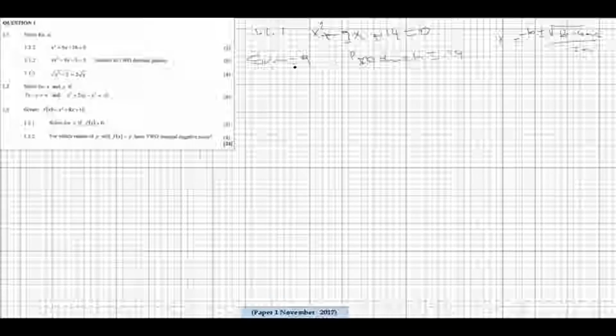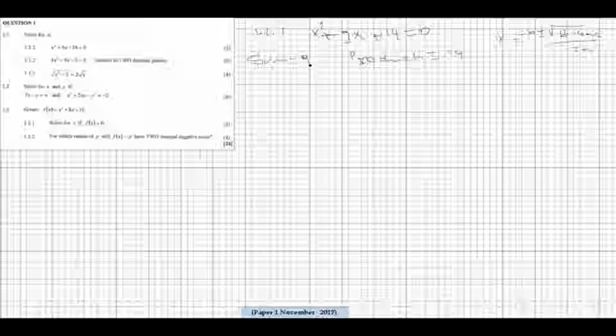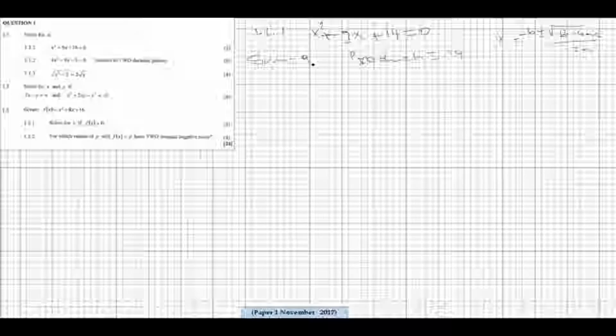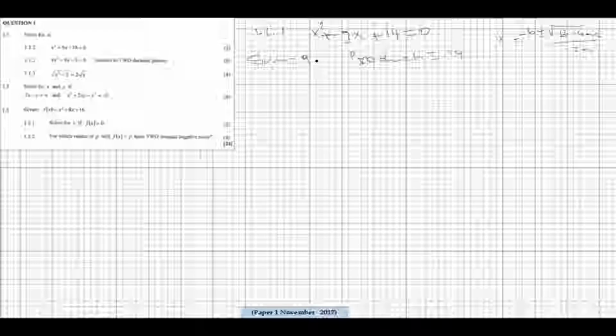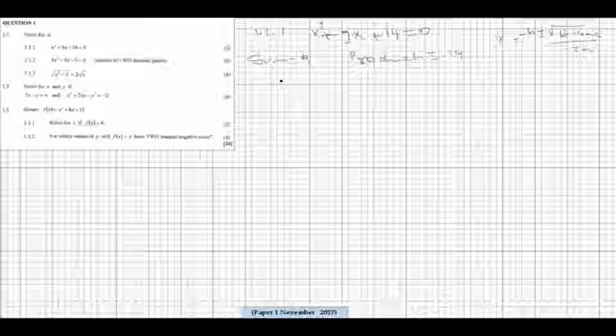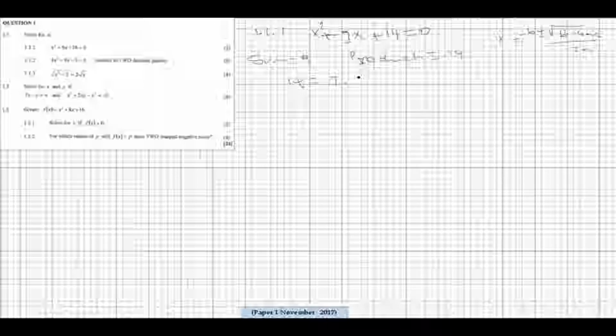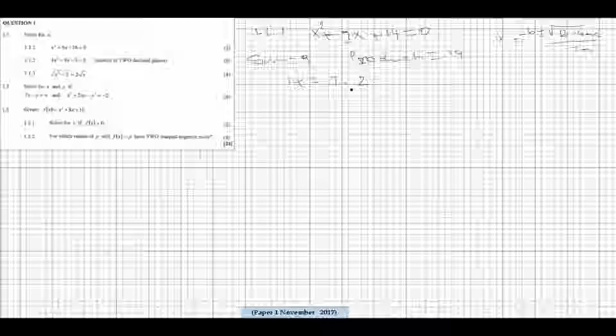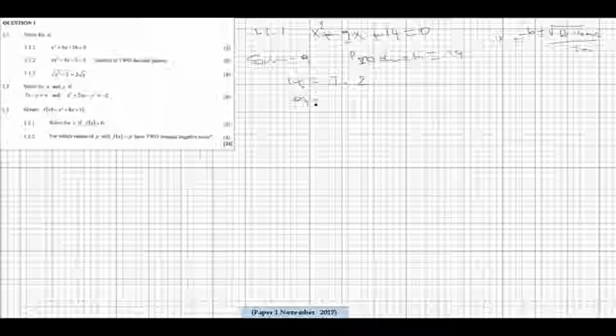Now we need to figure out two numbers so that when we multiply them we get 14, and when we add them we get 9. Straightforward, we can find those numbers. 14 is equal to 7 multiplied by 2, and 9 is equal to 7 plus 2.